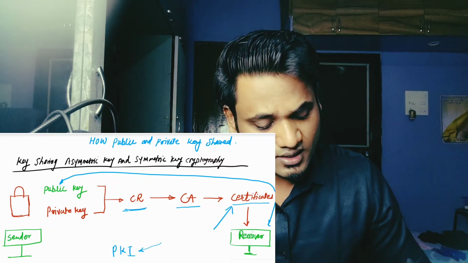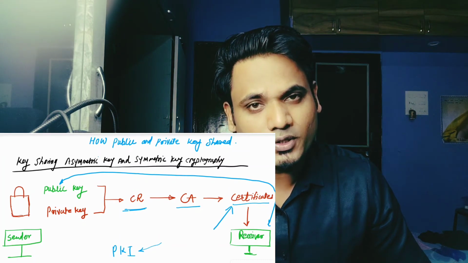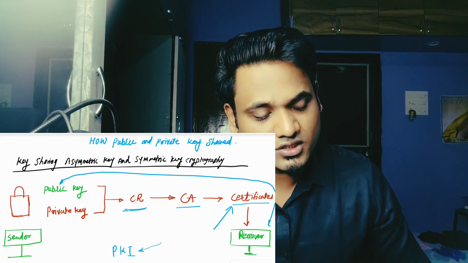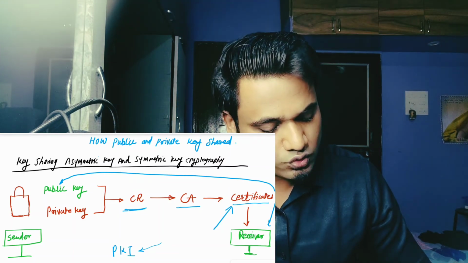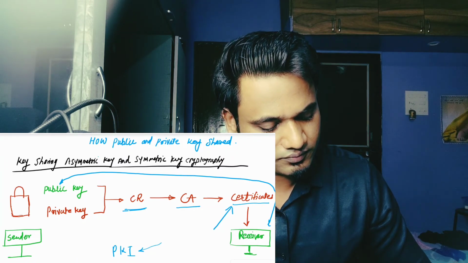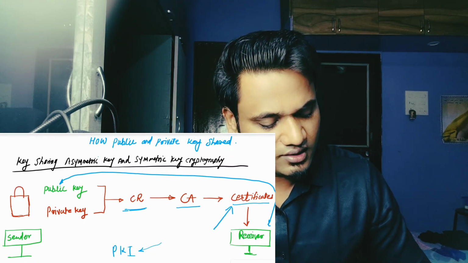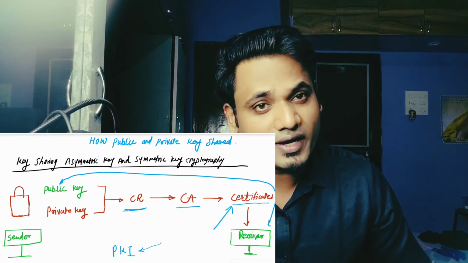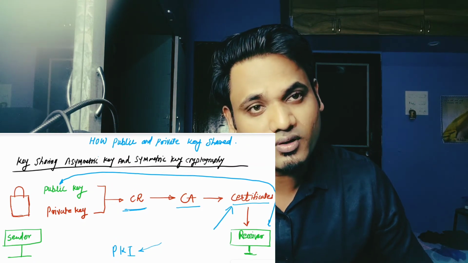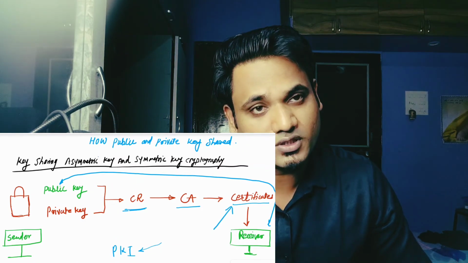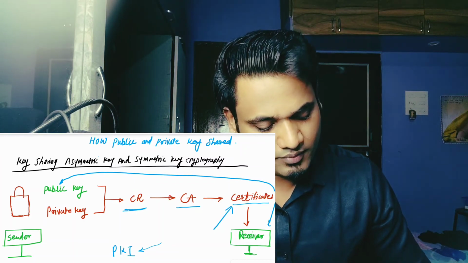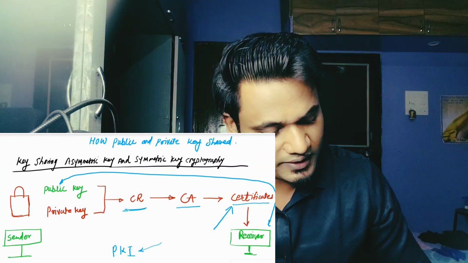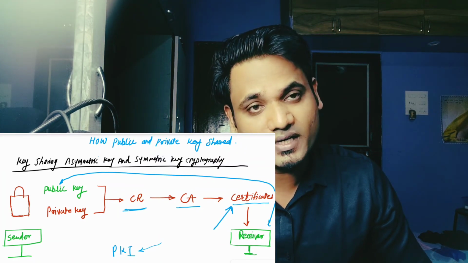And when the CA, a third party, comes into the picture, they integrate their certificate in such a way that the private key is used to do the digital signature, right? And this digital signature is used at the receiver side to decrypt whatever message got encrypted using the public and private key.